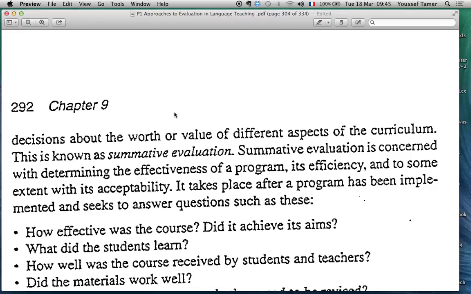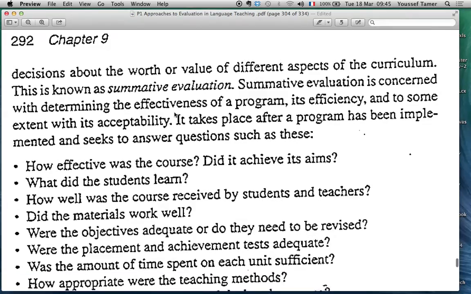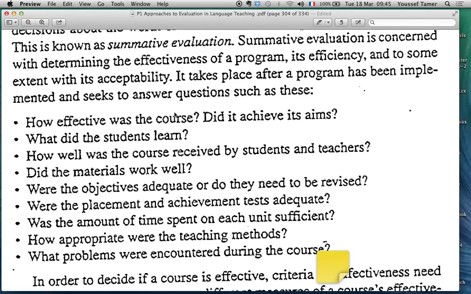So you want to see if it's doing well, so you want to evaluate the results. This is known as summative evaluation.